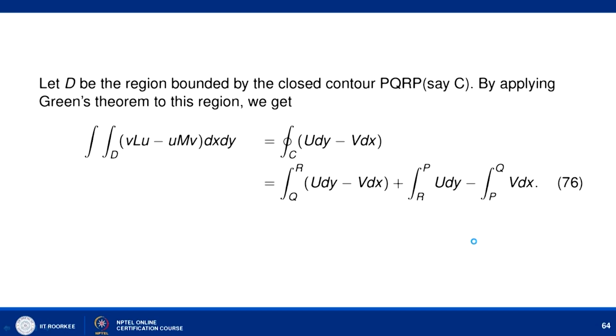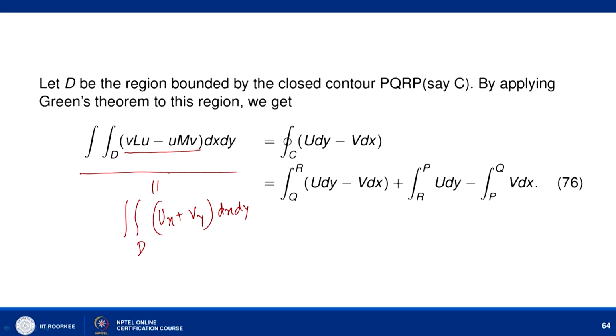So here by applying Green's theorem to this region we get what? So here we already know the integral of (vLu minus uMv) dx dy. By the Lagrange identity we can write that vLu minus uMv is nothing but, let me write it here, this is the double integral of (ux plus vy) dx dy, right.